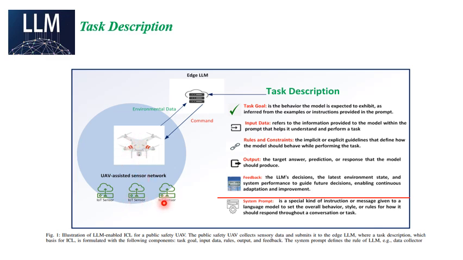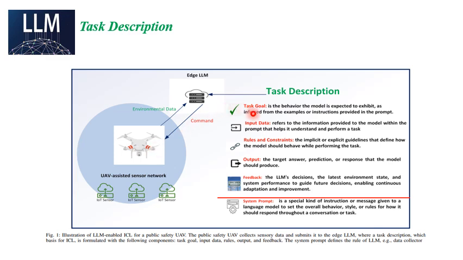Overall, we have a UAV-assisted sensor network. The UAV interacts with the sensors, collects sensory data, and passes it to the LLM. The task description is shaped, and based on it, the LLM generates a response, which is given back to the UAV.